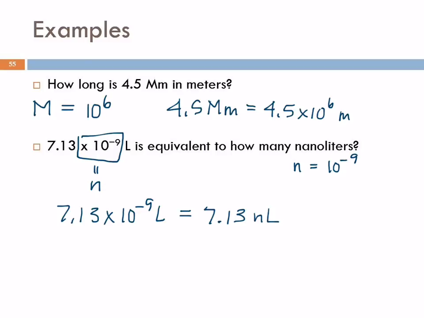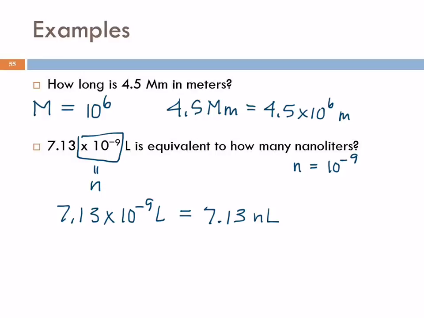It's convenient to have a unit that is close to the size of the quantity that you're measuring. If you're measuring very, very tiny volumes, it's nicer to use nanoliter than liter. Just like if I was going to measure the length of my calculator, I wouldn't want to use miles or light years or something silly like that, right?